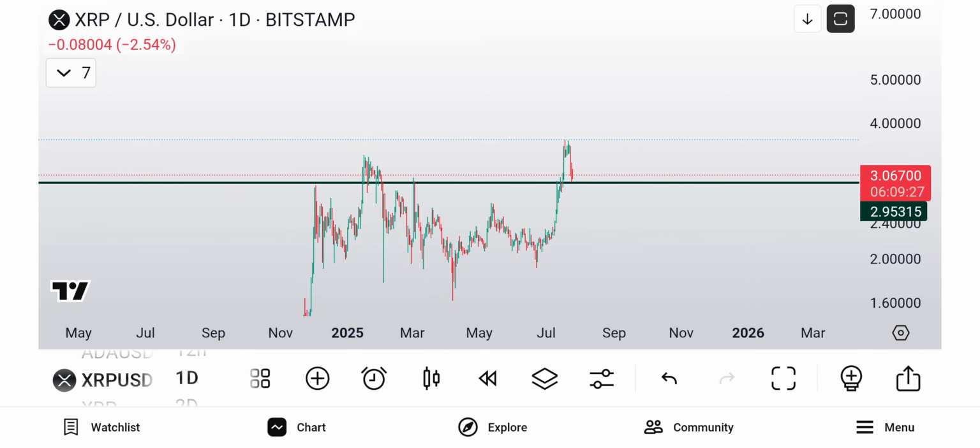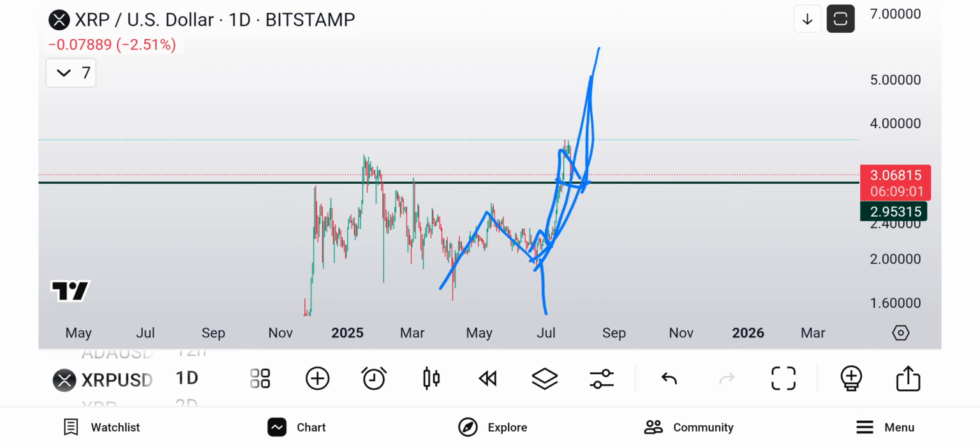And you can even say that this could be a 1-2-1-2, but it's not really looking like that. To me, it looks more like 1, 2, 3, 4, back test 4, right? And then we go up for 5. And then we have a 1, 2, and this is our 3.